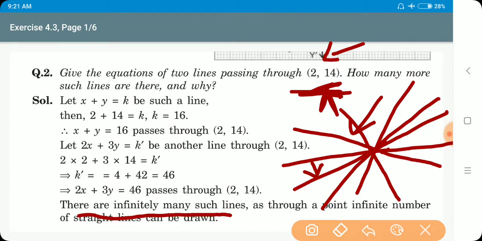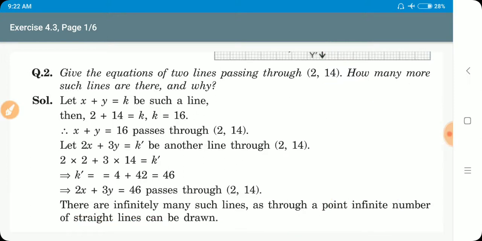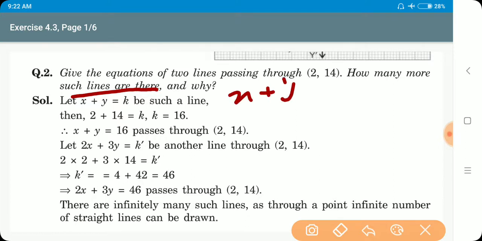Now how to give your answer? Your equation will be like this: x plus y is equal to k, such a line. Then 2 plus 14 is equal to k.